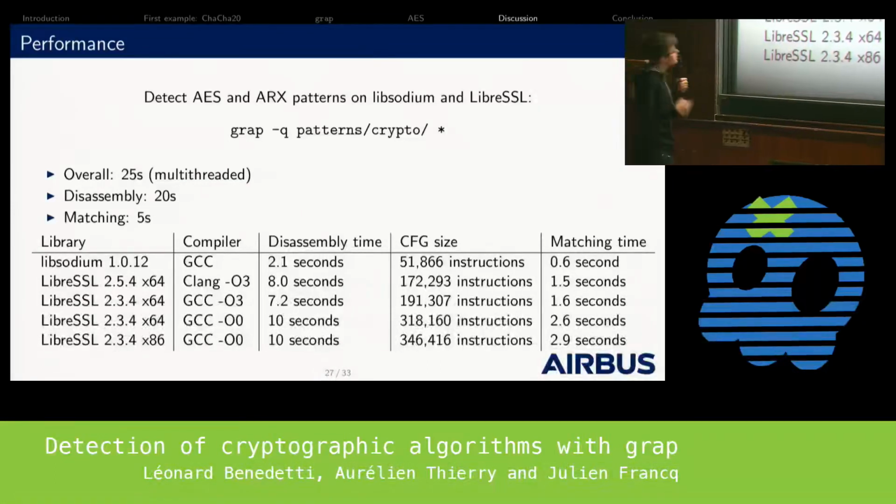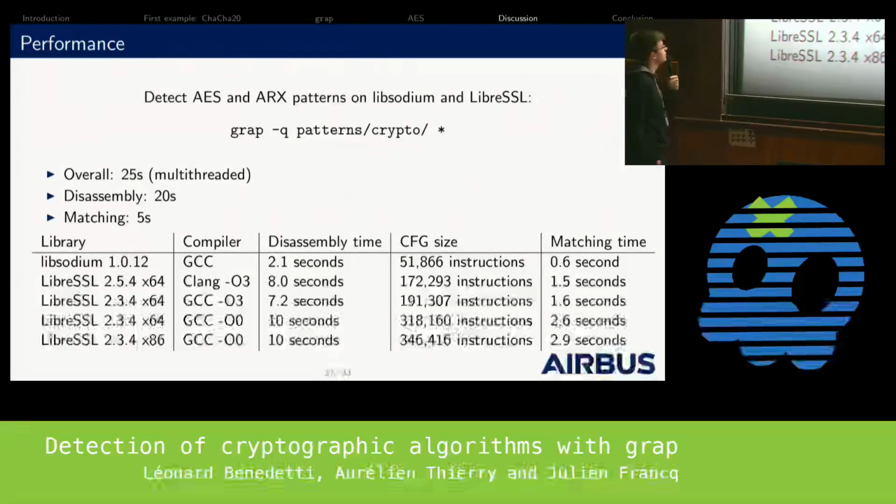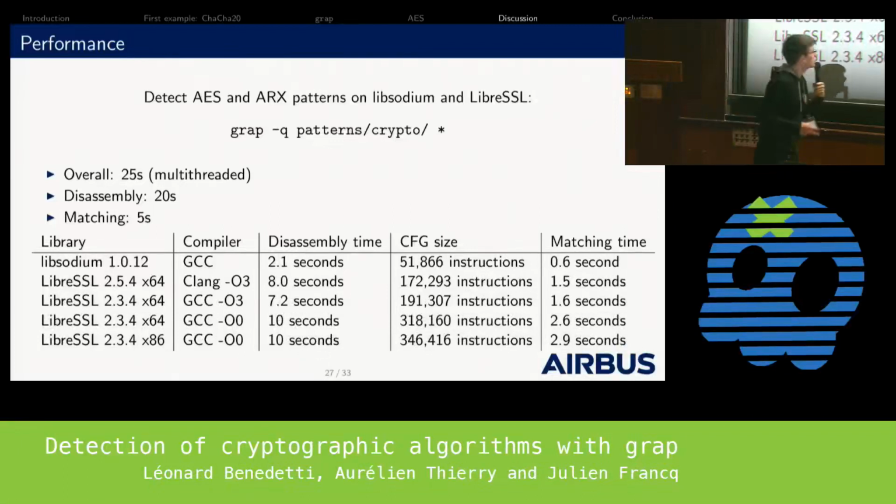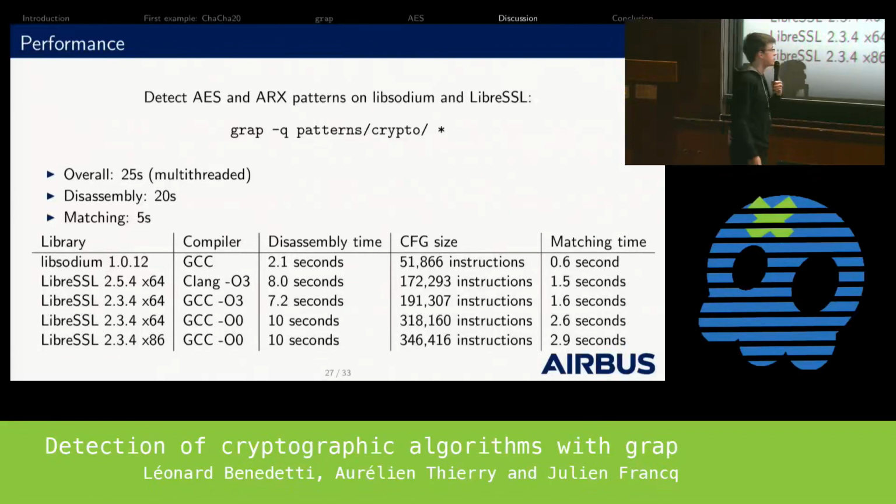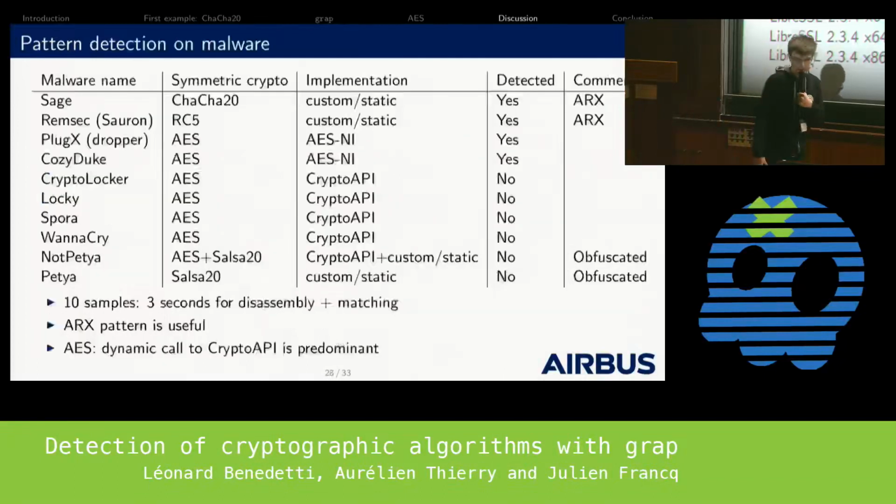And the matching is very, very fast compared to the size of the binaries we used. If you have some malware, it will be faster. You can see that on different contexts with different compilers, it's quite fast, no matter the optimization level you use. Okay, so now let's get back to Aurélien.